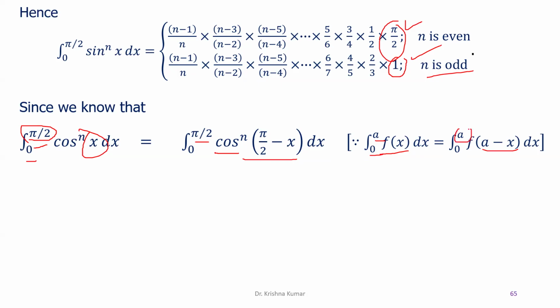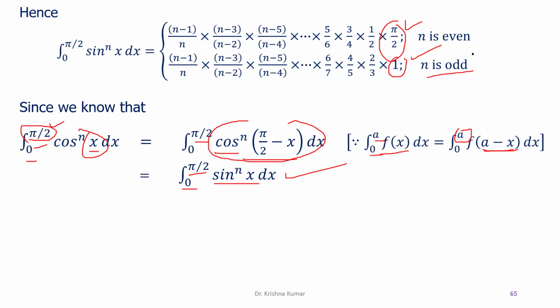So x can be replaced by upper limit minus the variable. Here the upper limit is pi by 2, so x can be replaced by pi by 2 minus x. But we know that cos of pi by 2 minus x is nothing but sine x. So this value is nothing but the integration of sine to the power nx under the limit 0 to pi by 2 with respect to x.